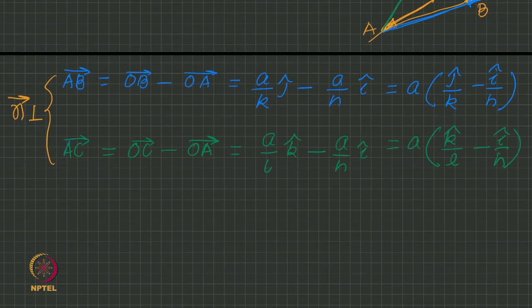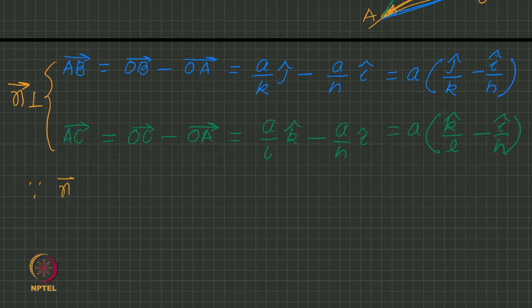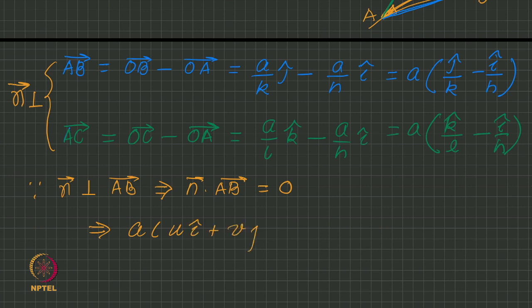So, we can use the dot product condition. Since n is perpendicular to AB, let us write that step also. n dot AB is 0, where n was A times u i plus v j plus w k, and AB was A times j by k minus i by h, and this is equal to 0, because the two vectors are normal.